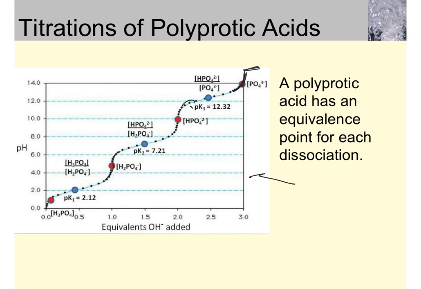But there will be a hump for each acidic hydrogen. So, for example, for H2SO4, you would see 2 humps. And that's it. Okay? So just be able to identify a polyprotic acid titration. That's it for titrations. Practice a ton, please.